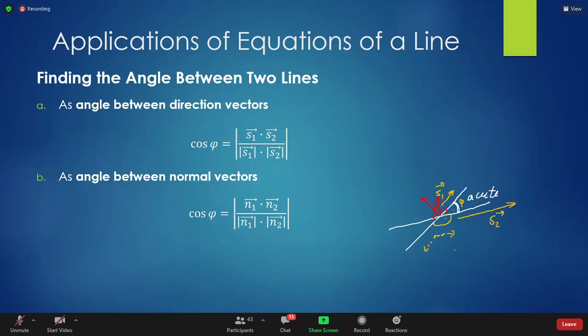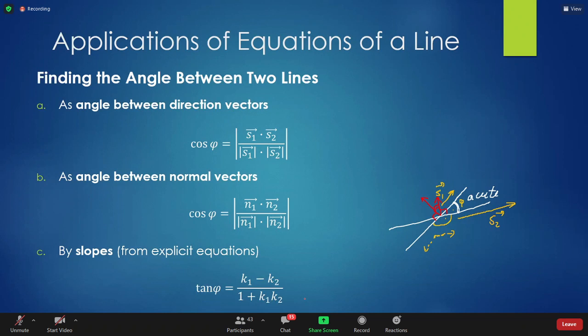There is another way of finding the angle between lines, and that is if we have the general equation in terms of the slope. By slopes from explicit equations, the formula is this: the tangent of the angle between the two lines is (k1 minus k2) over (1 plus k1k2).